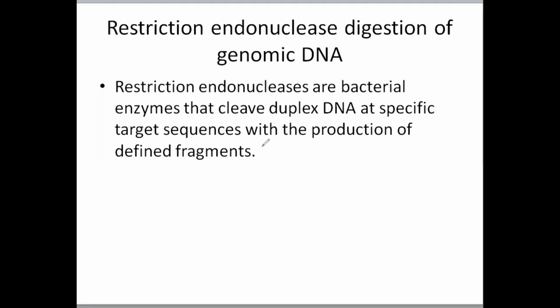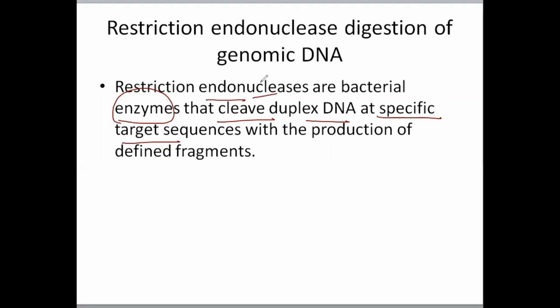Anyone who hasn't watched the previous videos, just check it out. You have a proper explanation about what is restriction endonuclease and what are its types. So, just a brief explanation. Restriction endonucleases are enzymes that cleave the DNA at a specific target sequence. So they are endonucleases.